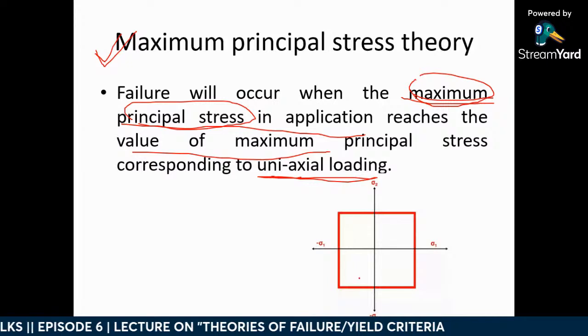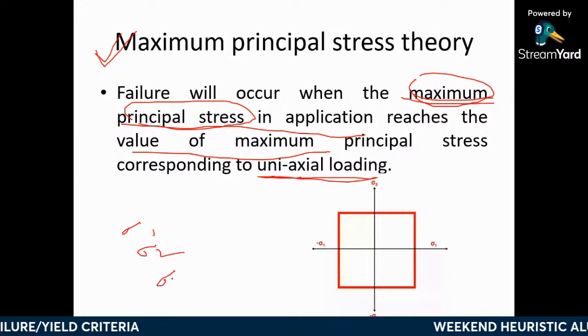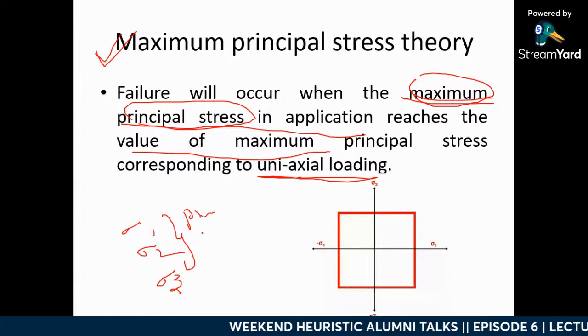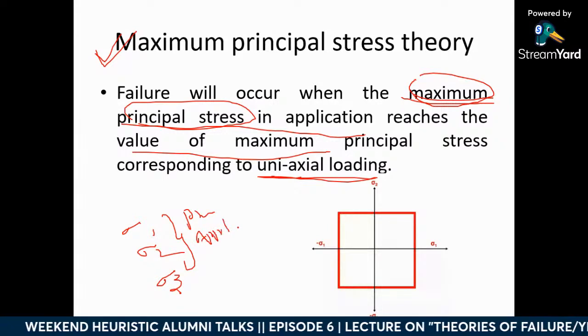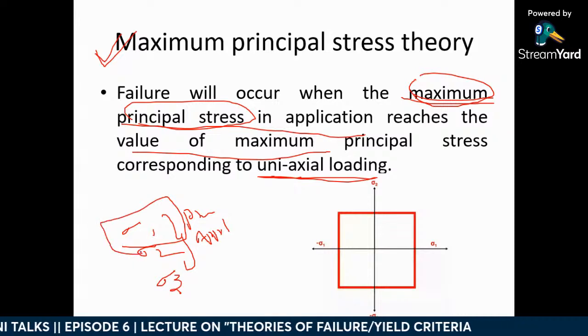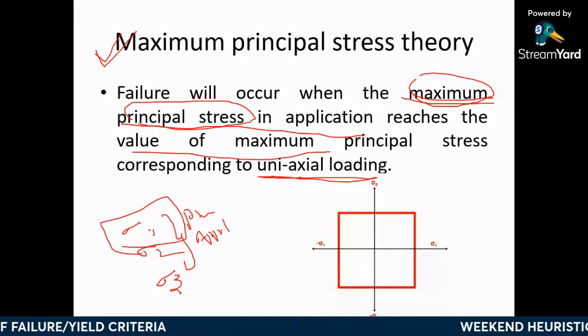So what is this safe region? For example, sigma 1, sigma 2 and sigma 3 are the principal stresses in your application. Now if sigma 1 is the bigger value, obviously who will decide the failure? You need not look at these two, just look at sigma 1.